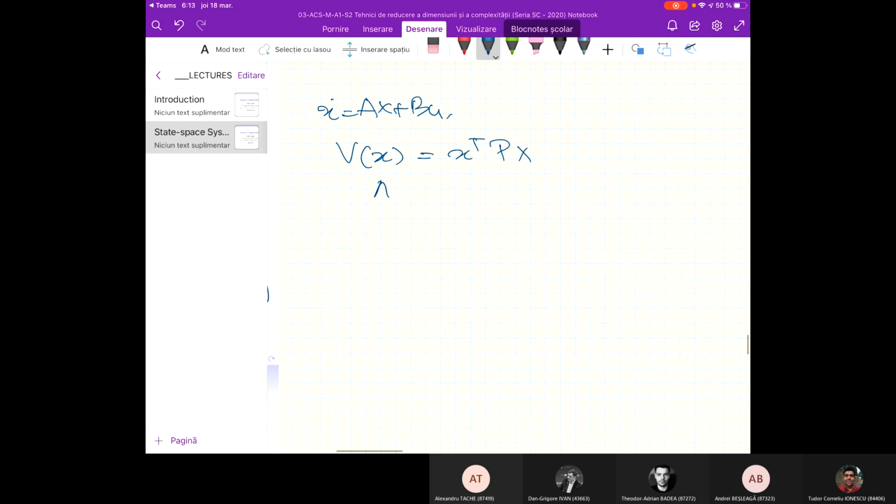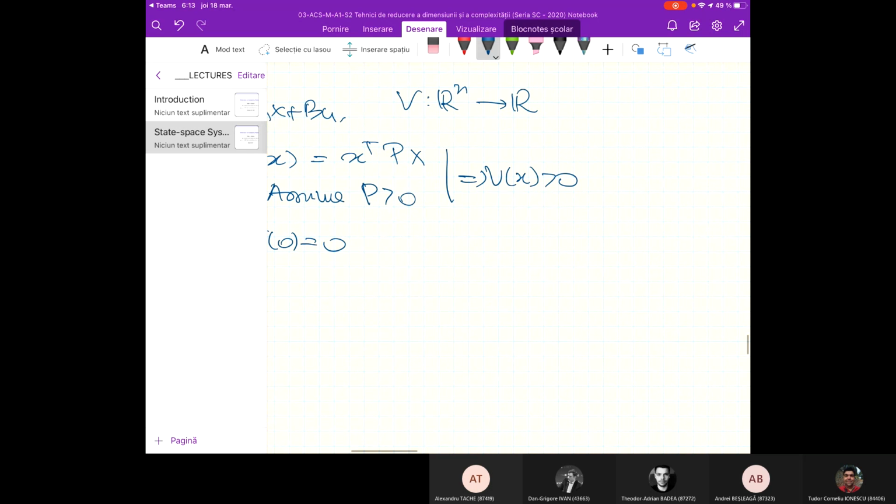Now, assume P is positive definite. If P is positive definite, then V is positive definite. V is defined on Rn because x is in Rn, but the value is in R, a scalar. Also, V of 0 equals 0.